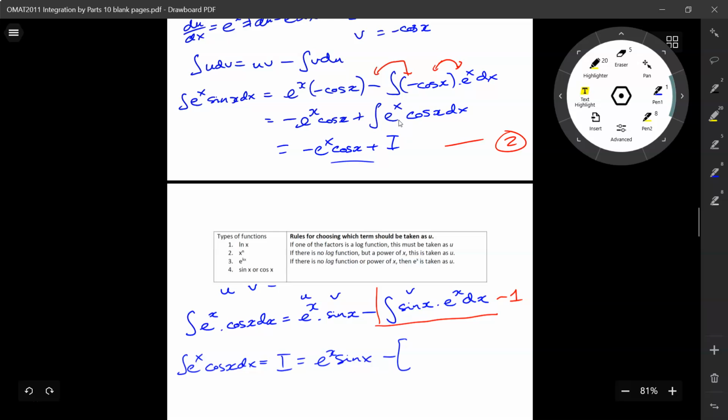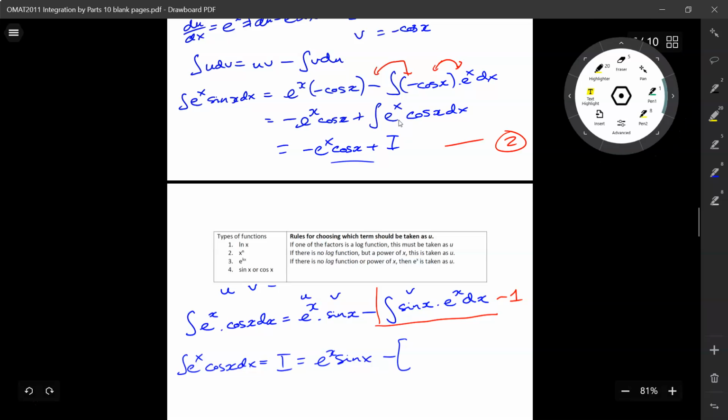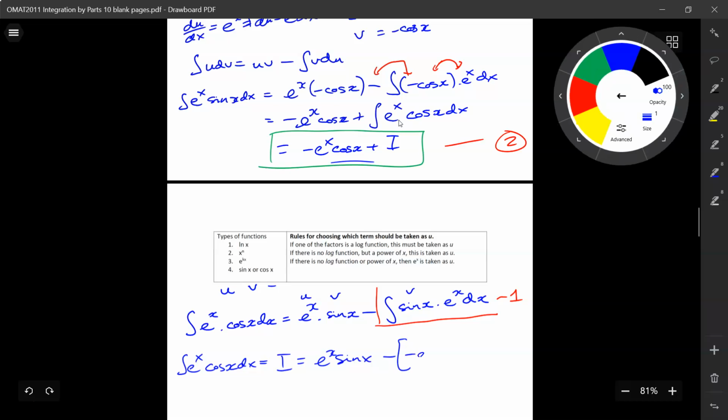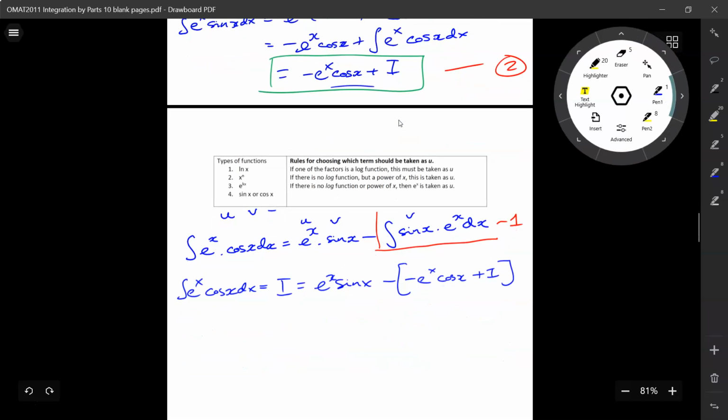I substitute 2 into 1, so everything in that green box comes down here: minus exponential x cosine x plus I. Therefore we have an equation with I on both sides, so we just do simple algebra. This implies that I is equal to exponential x sine x, and here we have a minus times a minus giving us a plus, exponential x cosine x, and here we have minus times I, and a constant of integration.